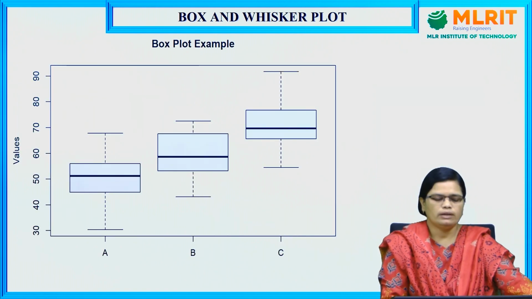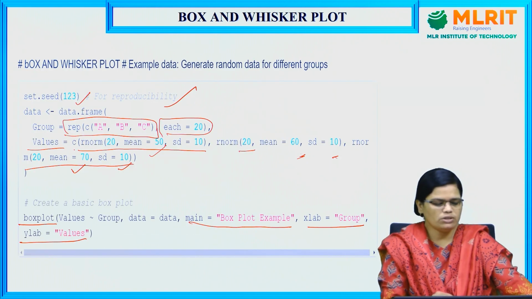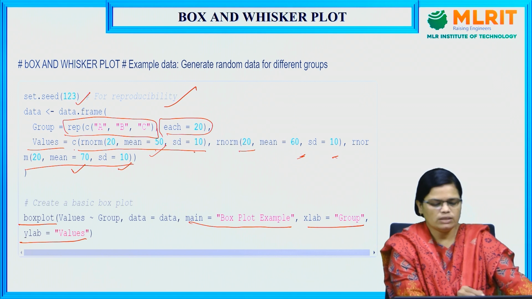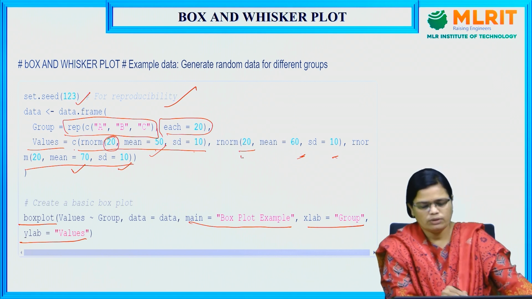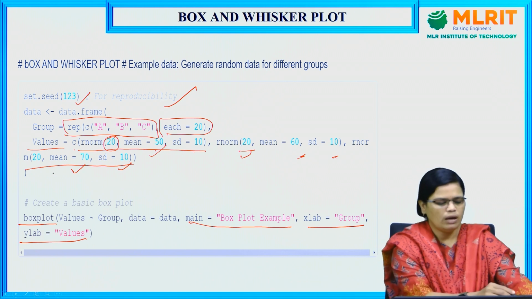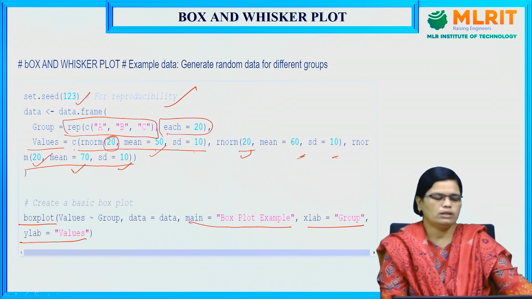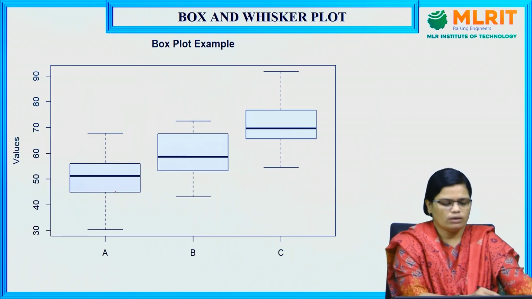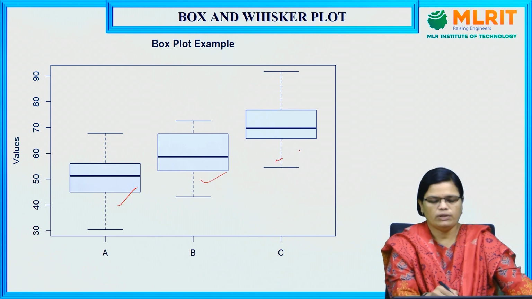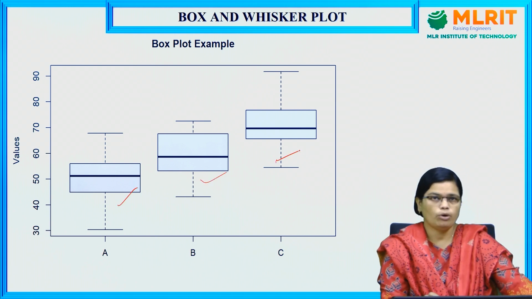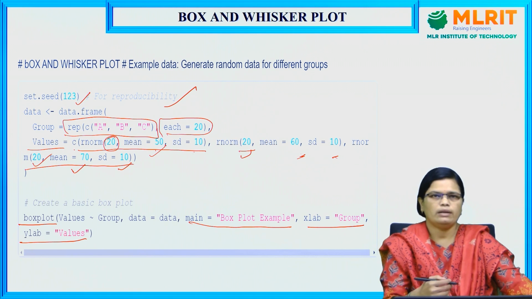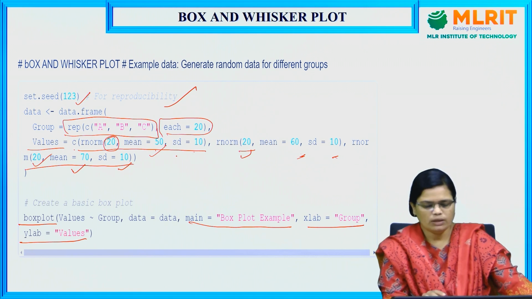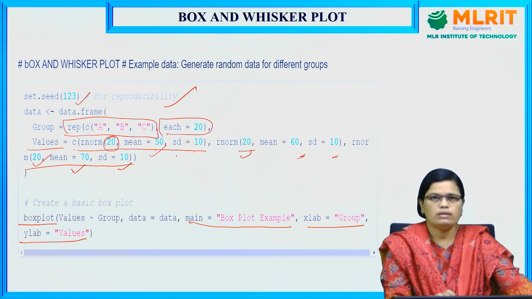Now look at here, when we have generated the data, mean 50 and standard deviation 10, we have the same set of 20 values, and the third one also we have generated 20 values. So we don't have any difference in the box size, only we have the difference in the means 50, 60 and 70.